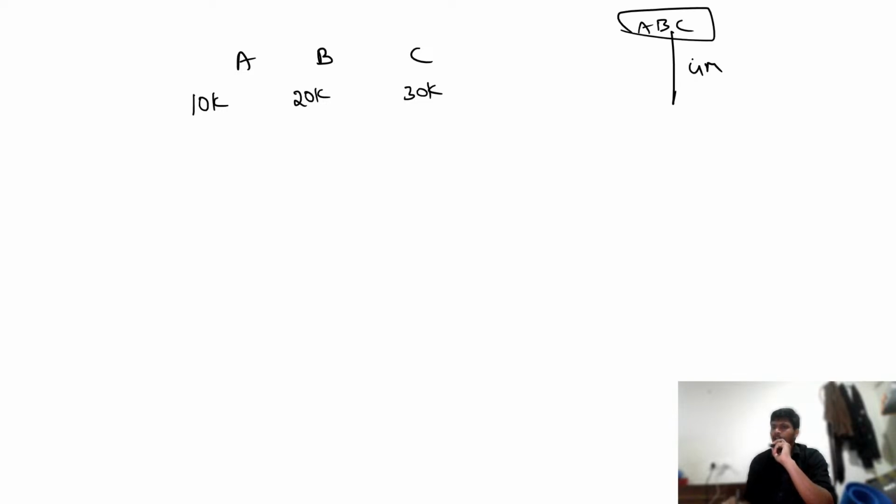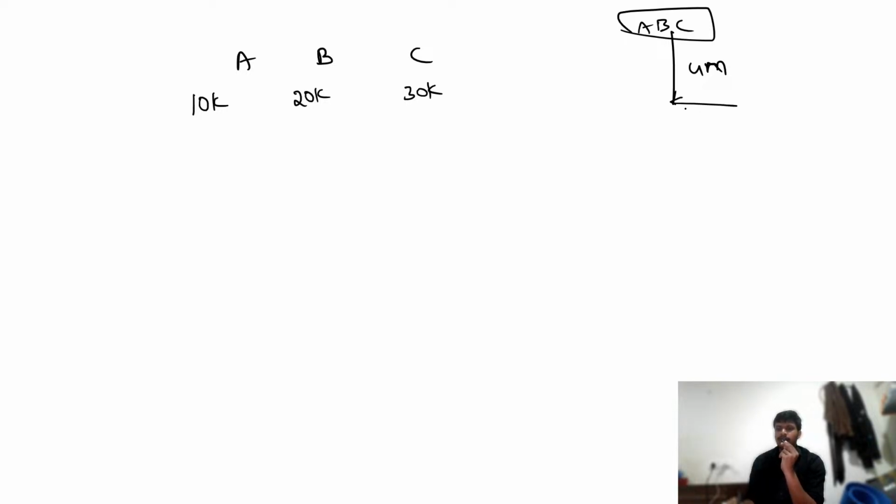Now let us take A, B, C started a business. So let us take A is investing 10k, B is investing 20k, C is investing 30k. Assume like that. But what happened there is, after 4 months, A thought, okay, the business is going too well, I want to invest more. Let us take A added 10 more thousand.